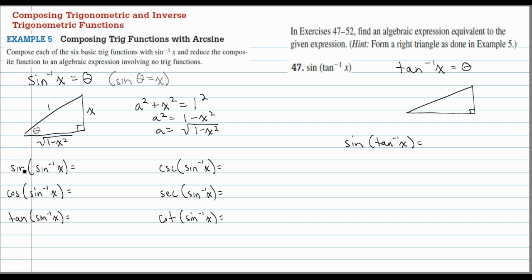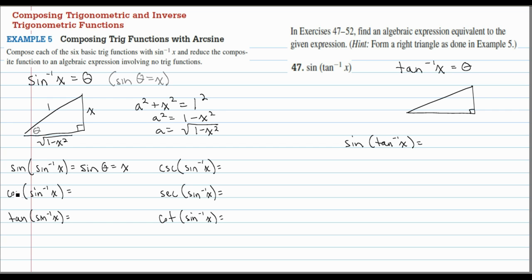So the sine of the inverse sine of x, which, by the way, the inverse sine of x is theta. We've labeled that. So the sine of theta is the opposite over hypotenuse, x.